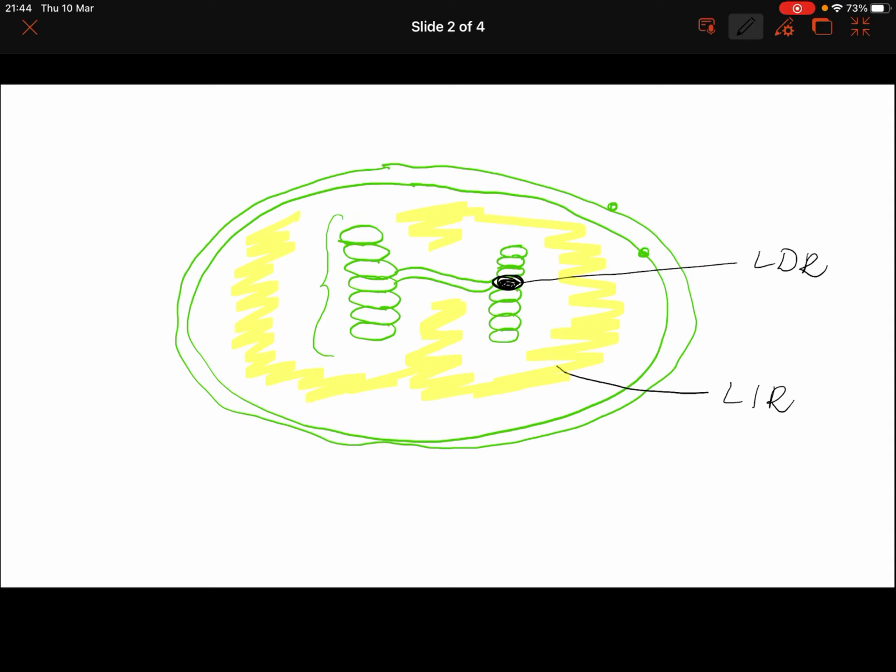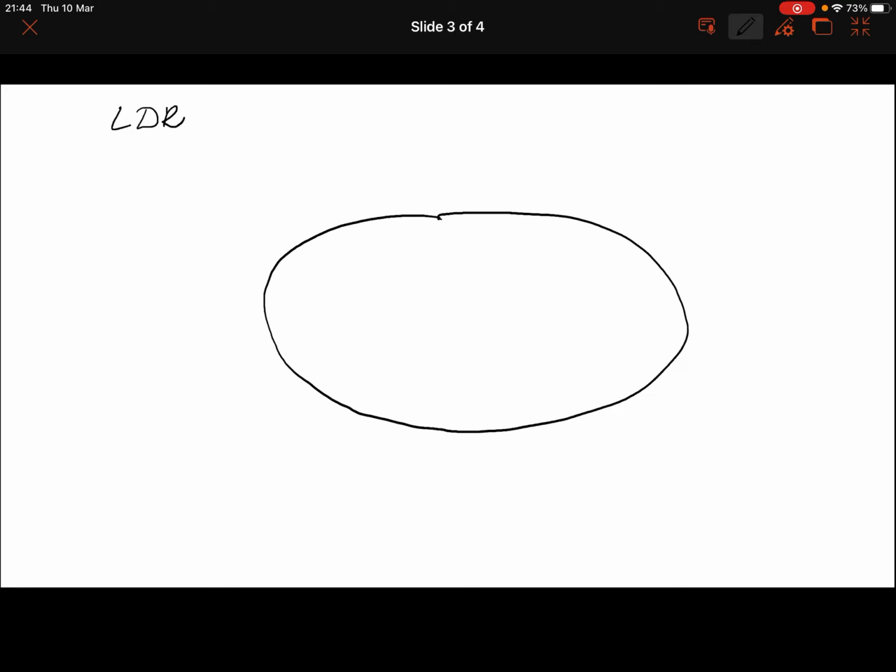So I'm going to zoom in now on this thylakoid membrane. So we are locating our process of the light-dependent reaction in the thylakoid membrane. So this is the thylakoid membrane. As we said, a thylakoid membrane increases the surface area for the absorption of the light energy.